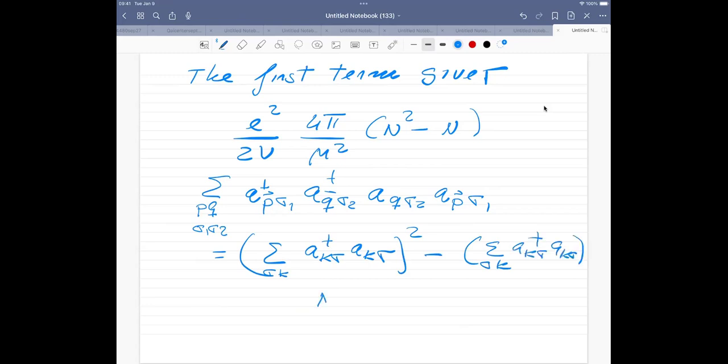This is the number operator squared, and this is the number operator, and these terms are multiplied by these constants here. So when I then take the expectation value, this one is just going to give me the number squared of particles, and this is going to give me the number of particles, which then translates into this quantity here.